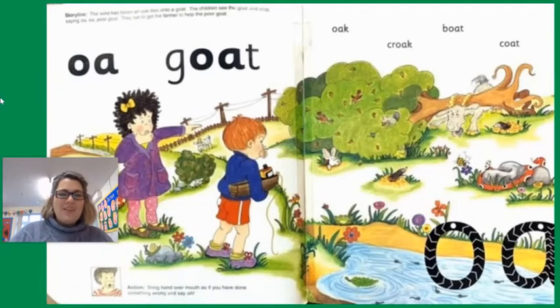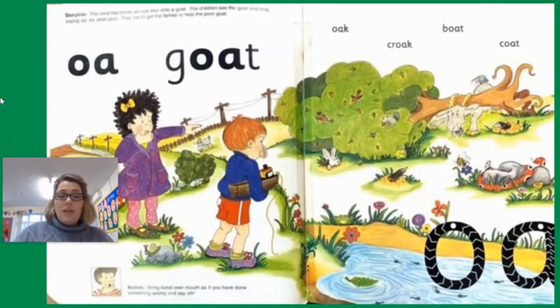Very good, well done. So you need to start practicing your O sounds now. Okay, well done. Now that is the digraph that we've learned. So now we know 2 digraphs. We know A and O. And now we're going to learn a new tricky word.